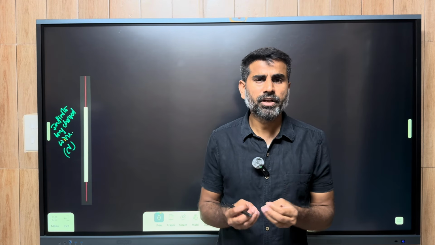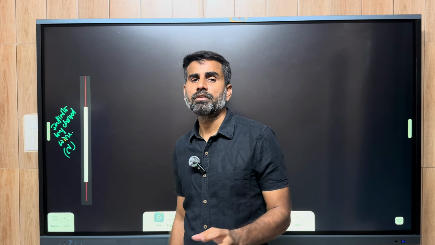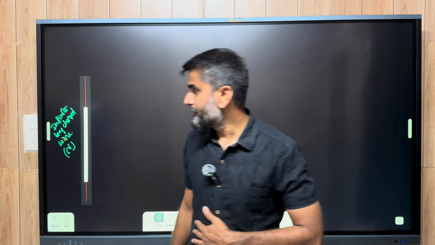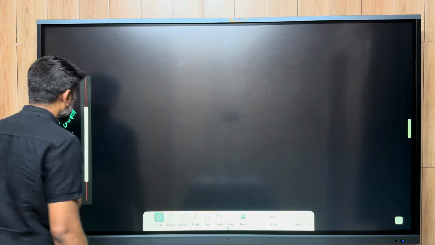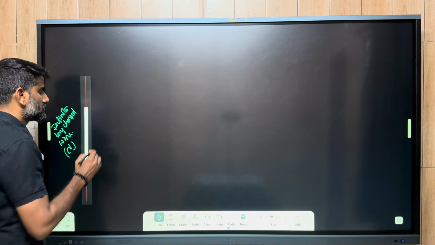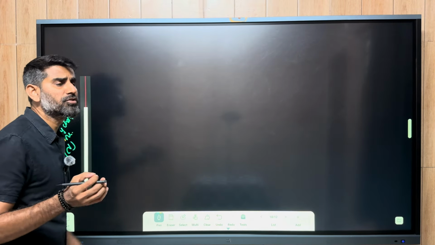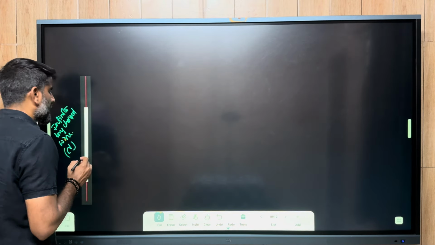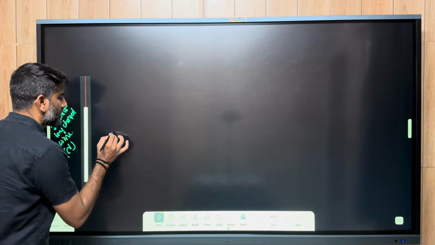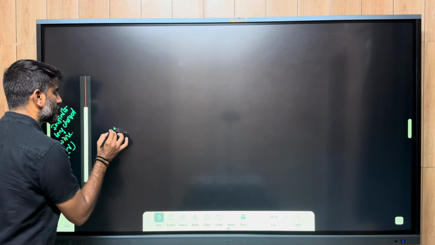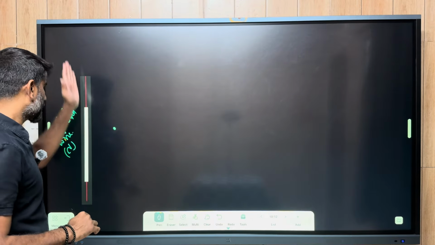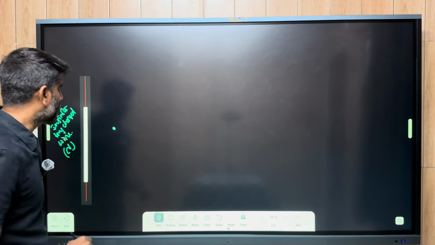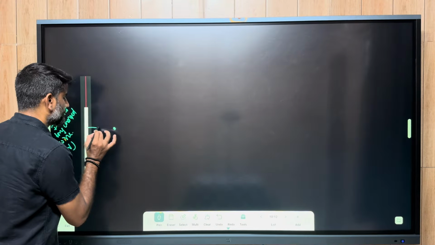It is a very good question, a little bit lengthy, but it covers multiple concepts. Now I'm going to take a charged particle and place it initially somewhere here. This is an infinitely long charged rod, so somewhere here.